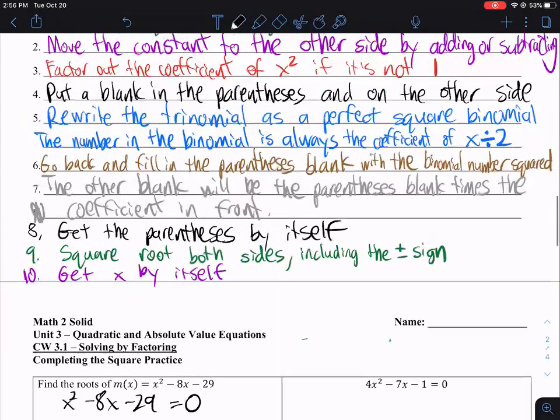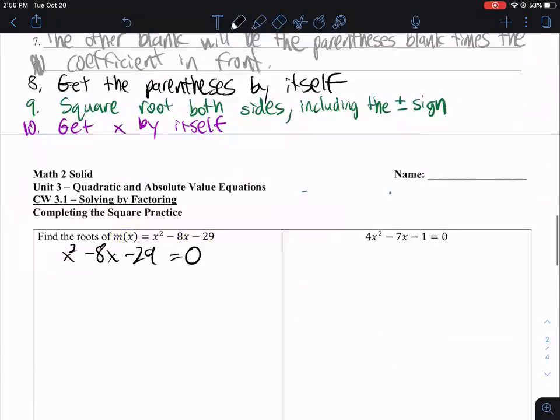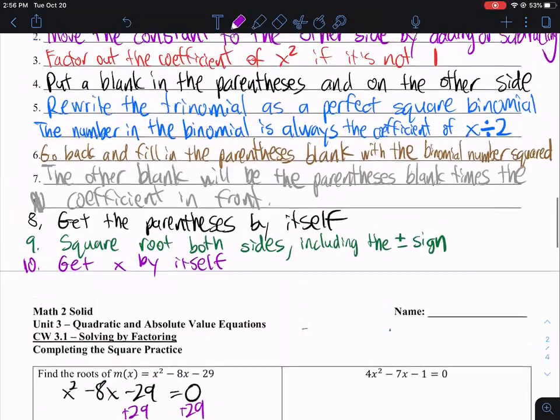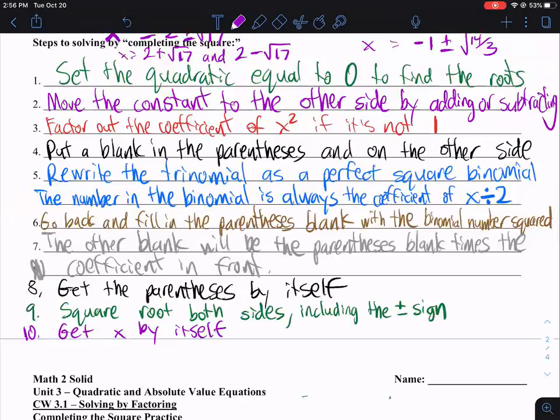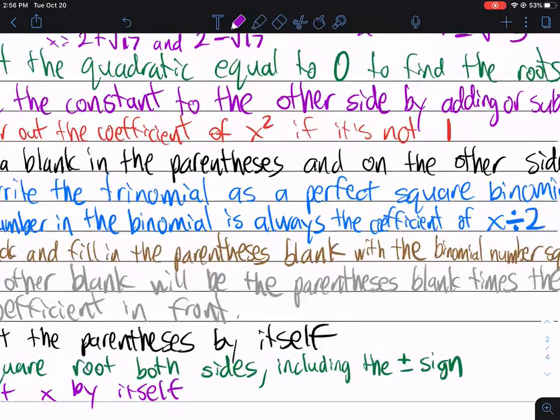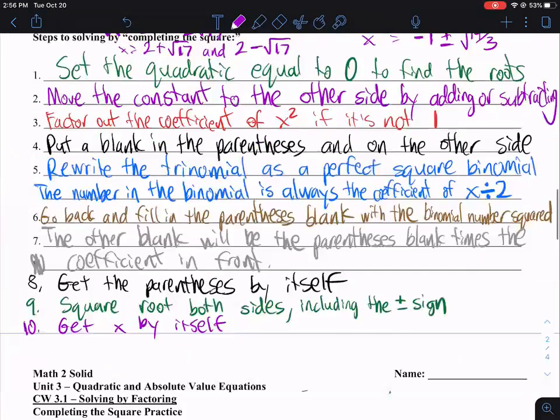Okay, second step, move the constant to the other side by adding or subtracting. Okay, so to move that -29 over, I will add 29 to both sides. Okay, so now step 3, factor out the coefficient of x squared if it's not 1.